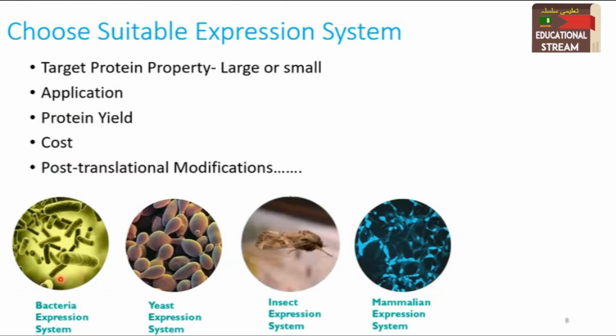If we use the bacterial expression system, it is inexpensive, and if we use the mammalian expression system, it is the most expensive system. Then, does your protein need post-translational modifications or not, because these post-translational modifications are not performed in the bacterial expression system.